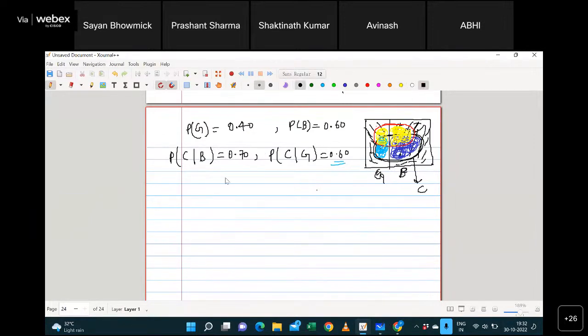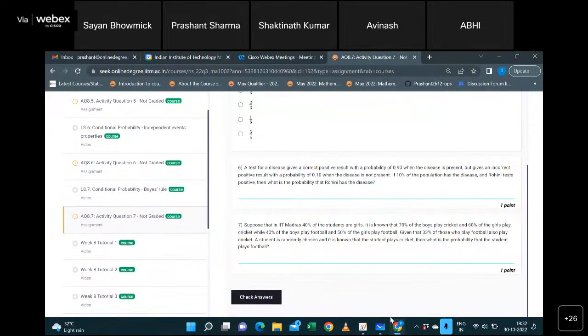In mathematical notation, what we are given is probability of football given boys is 0.4, and probability of football given girls is 0.5, 50%.